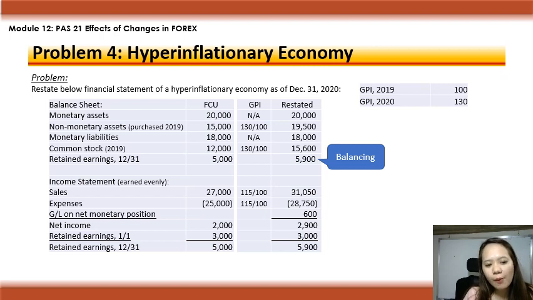So, makukuha mo, pag binackward mo yung computation, in-squeeze mo yung computation, your net income should be 2,900. So, kung 2,900 yung net income mo, any difference dun sa sales and expenses versus the net income na squeeze natin, that will be your gain or loss on net monetary position presented within profit or loss.